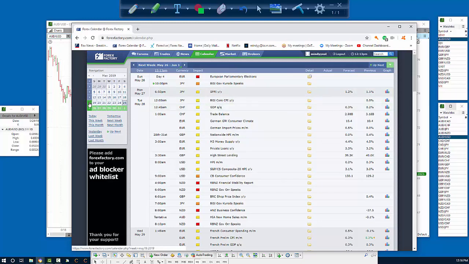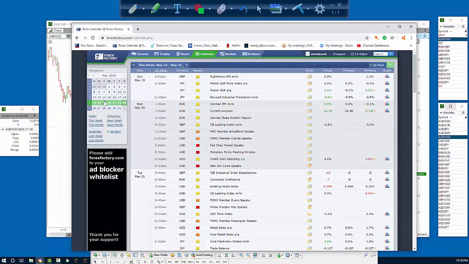So if we look at the calendar from last week, we had the previous month, we had the forecast, and then throughout the week, as these events happened, the actual numbers were posted.